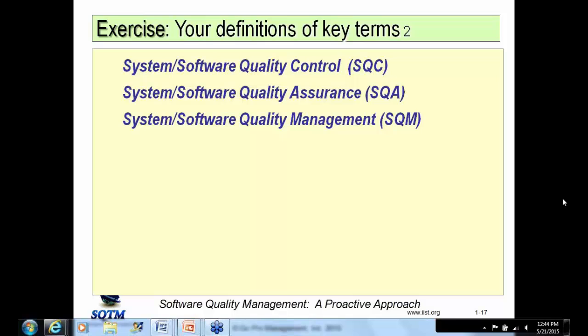Okay, and so QC is performed by testing, QA is performed by QA, and SQM is the management of both QC and QA. Okay, good.